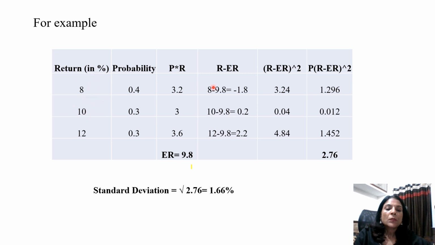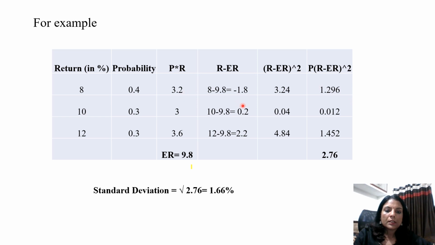So the next column is return minus expected return. After that, whatever value R minus ER we get should be multiplied by the same value, meaning we take the square of those values. The last column is multiplying this value with the probability. So this is the format, and if you remember it, it will be very easy to calculate the standard deviation.